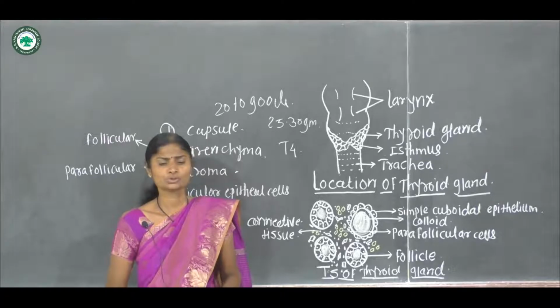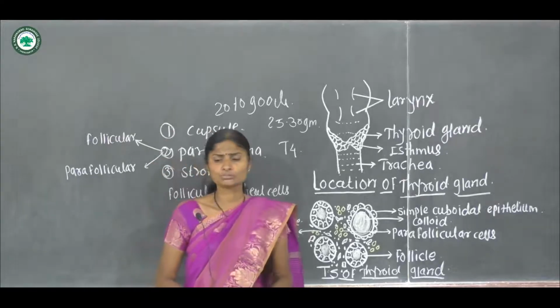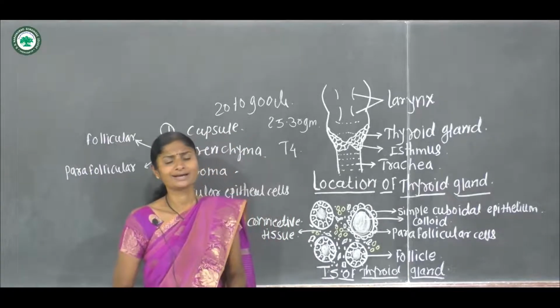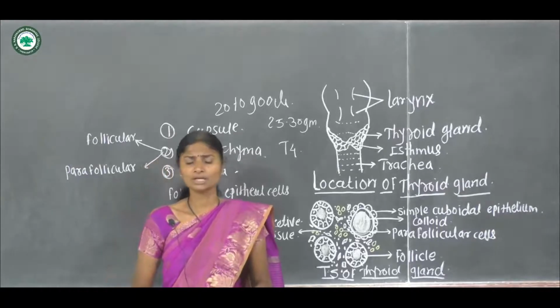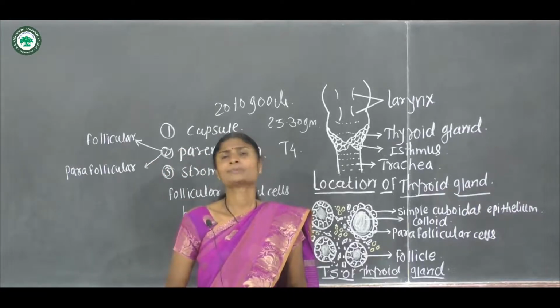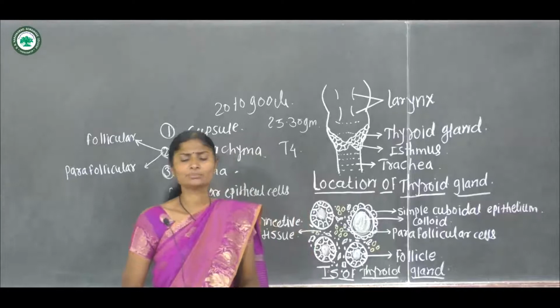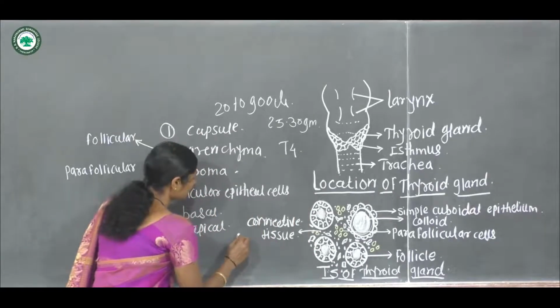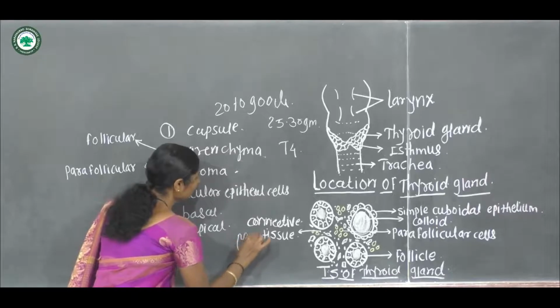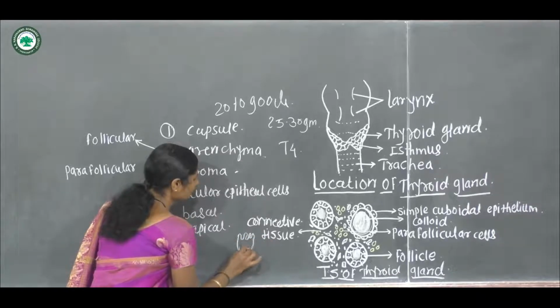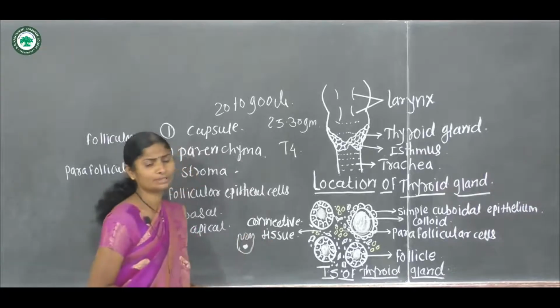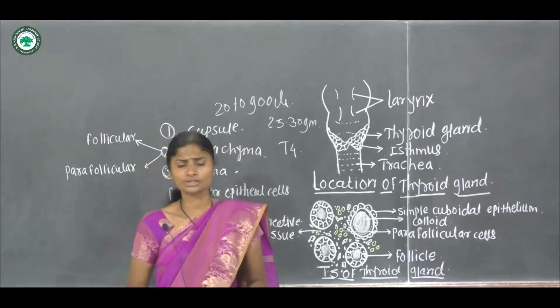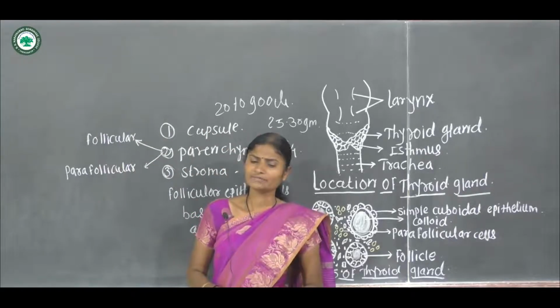The cells show many lysosomes, mitochondria, Golgi complex, and several lipid droplets, and the apical tip of the cells extends microvilli. This microvillar structure faces towards the follicular cavity.